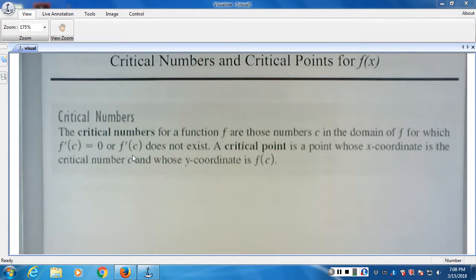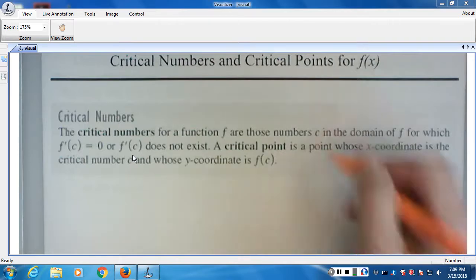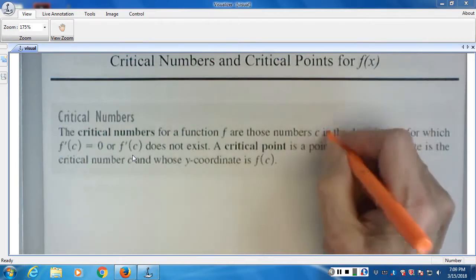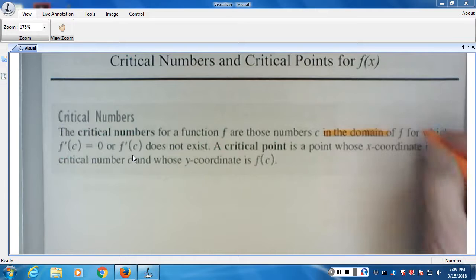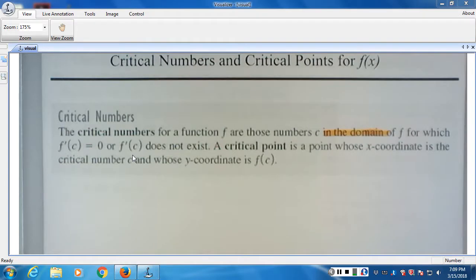The critical numbers for a function, first of all, those numbers have to be in the domain of the original function. The function cannot be undefined at a critical number. So if you've got a place where the function has a hole, a place that's not continuous, a place where it has an asymptote, then there is not going to be a derivative and there is not going to be a critical number for that value.